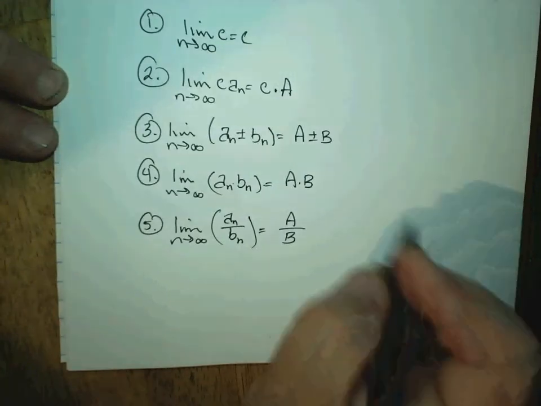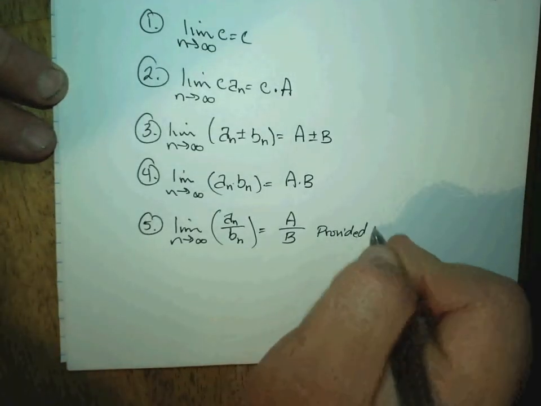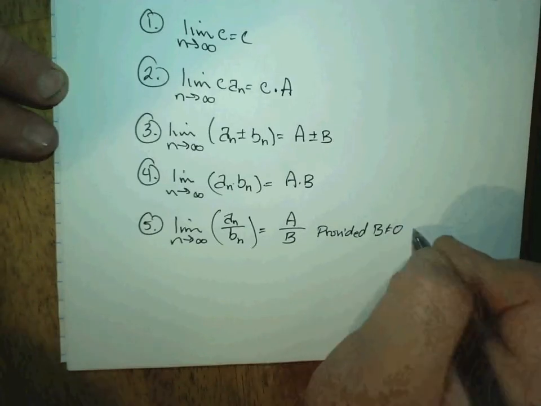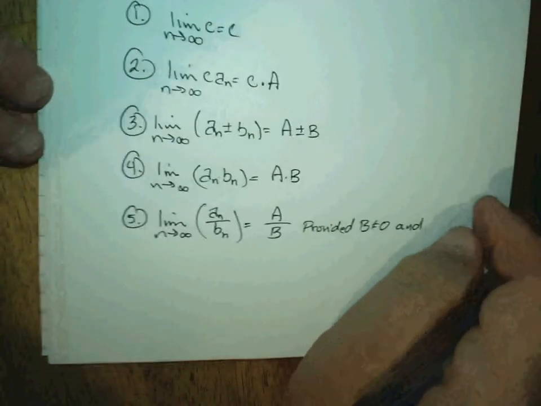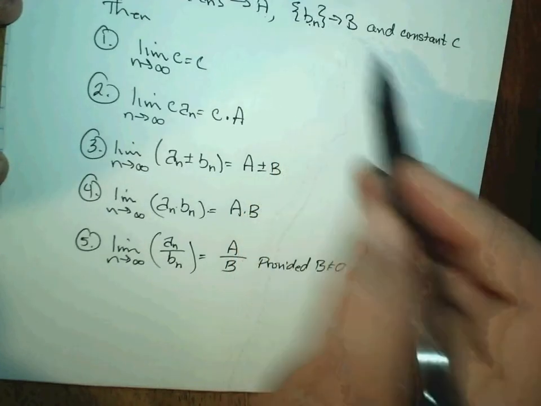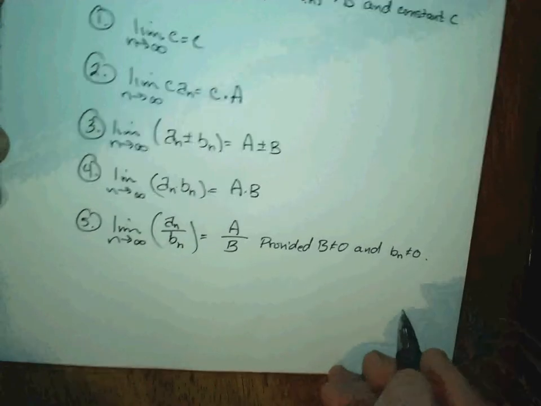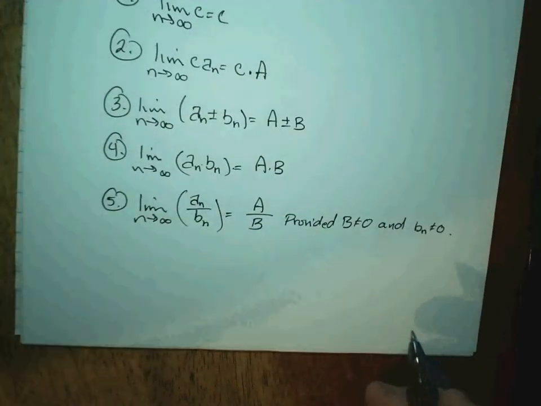The limit of A sub n is A, the limit of B sub n is B. You're going to get A over B, provided that the limit value B is not 0, and also provided each one of these terms, B sub n, is not equal to 0.